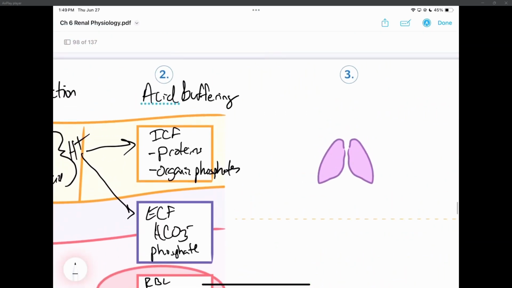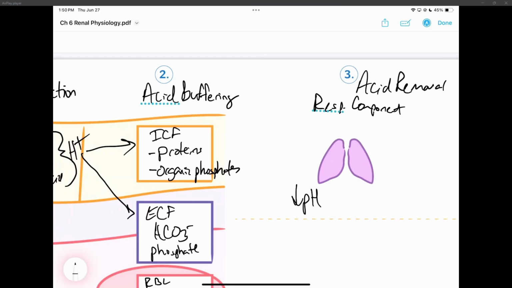The last thing we have to talk about is how do we get rid of the acid? Acid removal. For our respiratory component, what do we have to do to get rid of acid? Hyperventilate, increase the breathing rate. So a decreased pH, what does that do to our ventilation when pH drops?